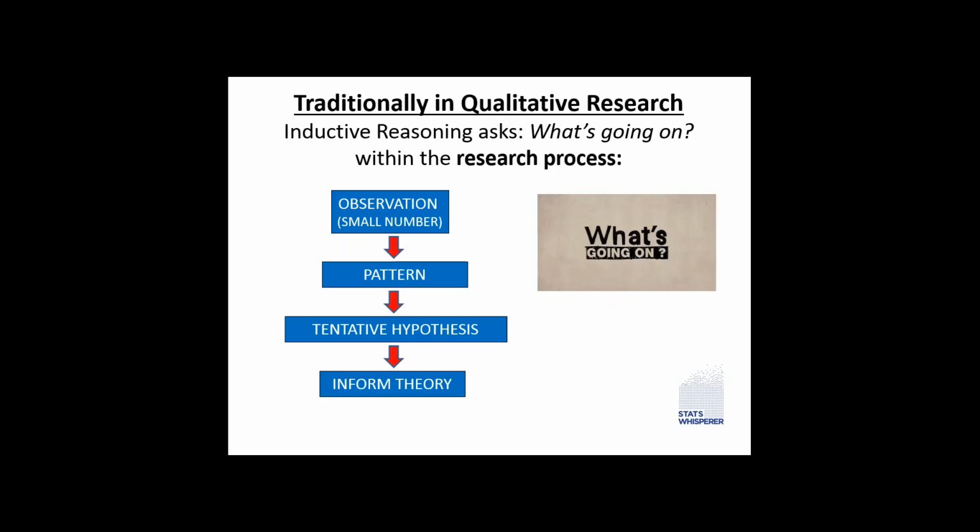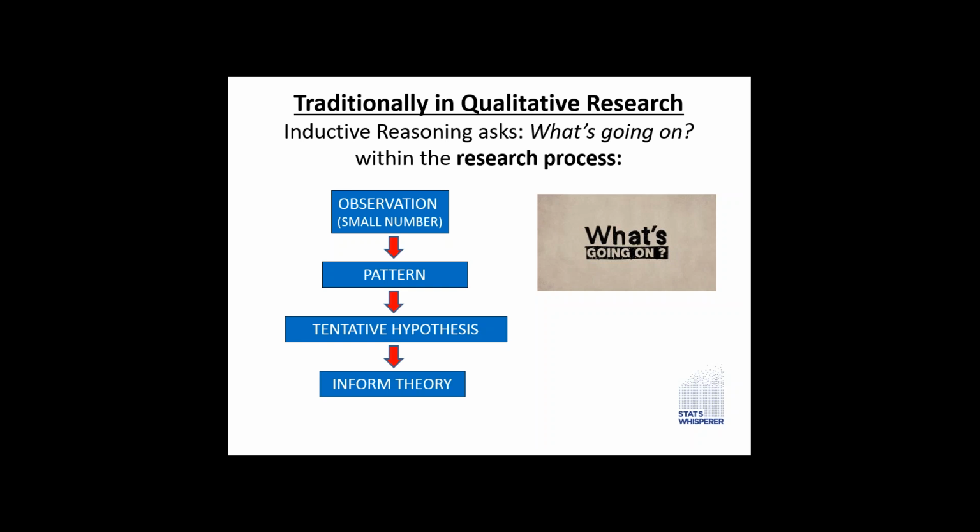Traditionally in qualitative research, we go through the process known as inductive reasoning. Inductive reasoning asks, what's going on within the research process? Traditionally there's an observation of a small number of study participants. They may be observed in a naturalistic setting, or as part of the study.